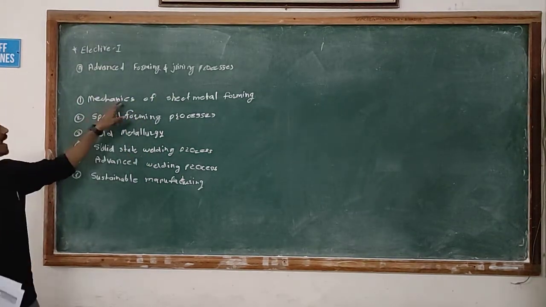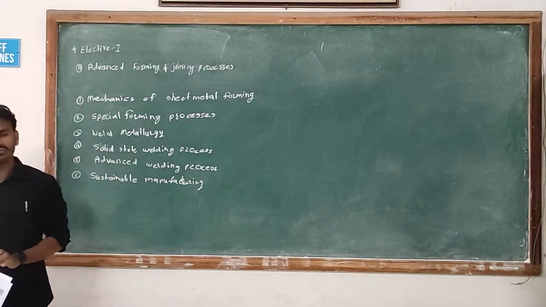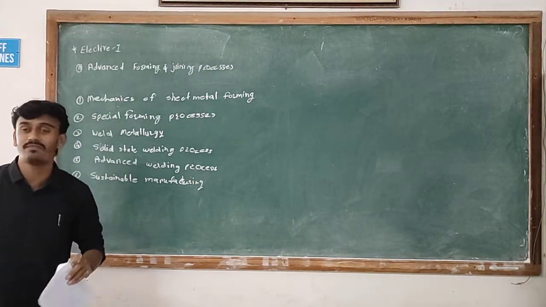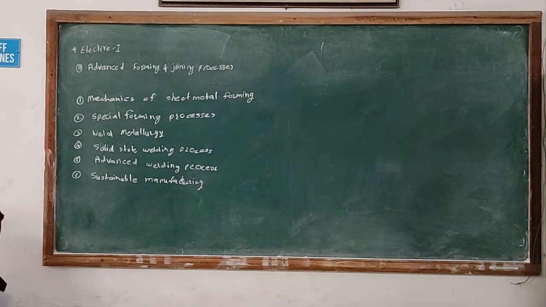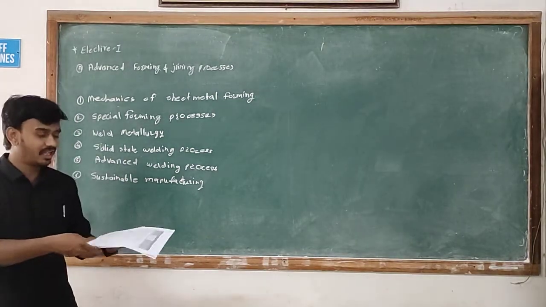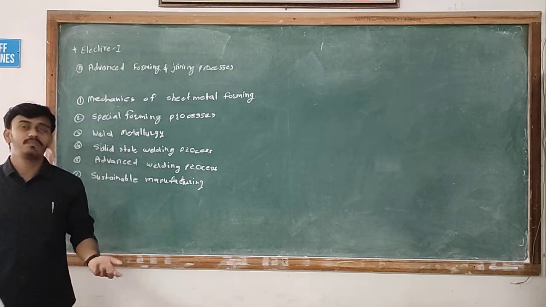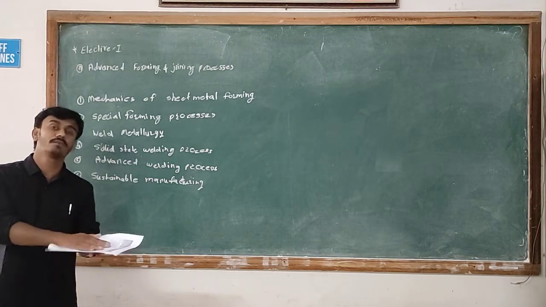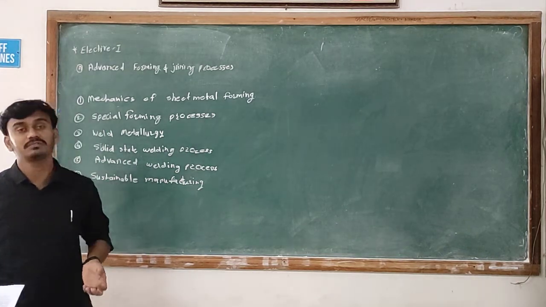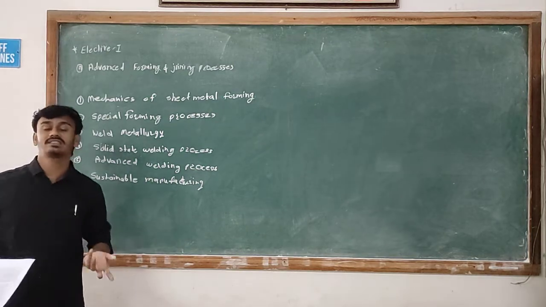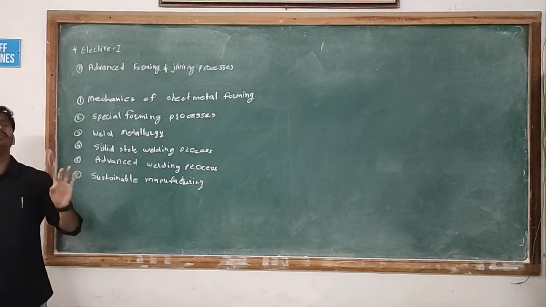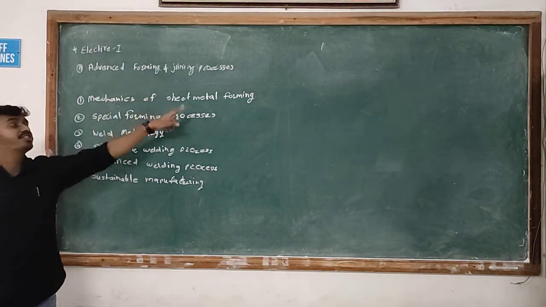The first unit is the mechanics of sheet metal forming. All of you know what is meant by sheet metal forming. Sheet metal forming means suppose this is a sheet and I want to convert this sheet into the required shape. Suppose I want to make a cup from this sheet, then which type of forming process will I use? That we discuss in sheet metal forming.